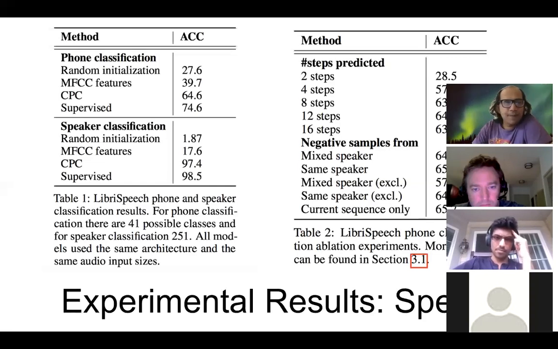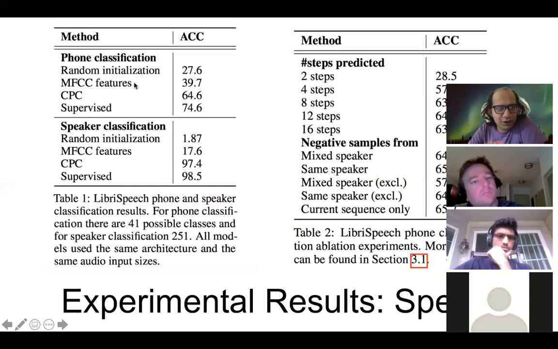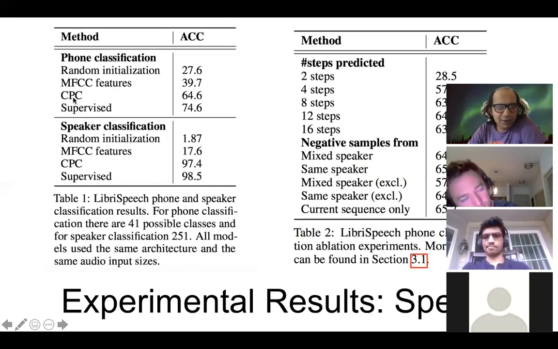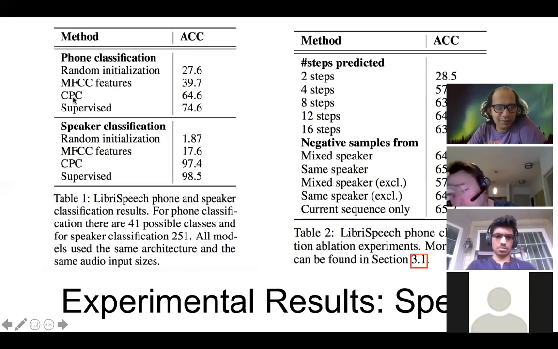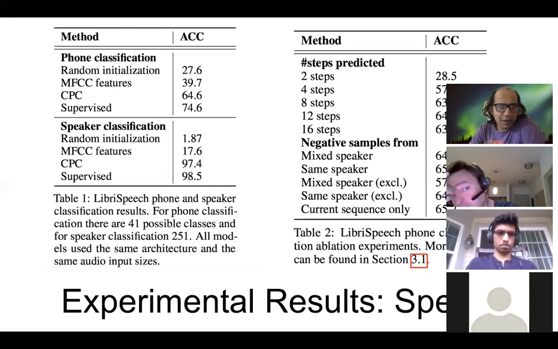So with MFCC using logistic regression, they have got 39.7% accuracy. Using CPC extracted out of this architecture in a logistic regression classifier, they received 64.6% accuracy.